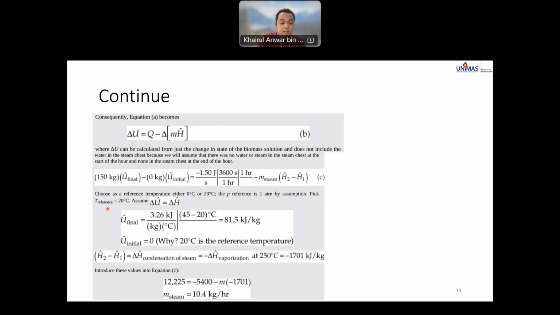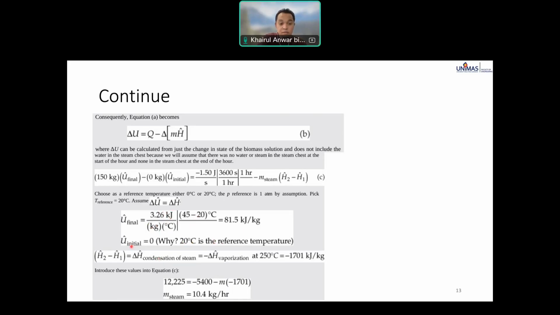Because this is the initial temperature of the process vessel. So delta U equal to delta H. U final equal to 3.26 kilojoule per kg degree C, that one is the Cp, multiplied by the temperature difference, then we get 81.5 kilojoule per kilogram.